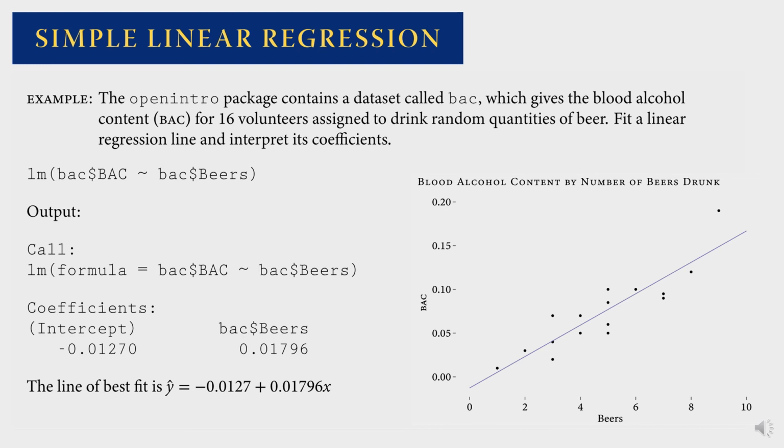The syntax is always y squiggle x. y is the response, which is BAC here. x is the explanatory variable. The number of beers explains the BAC. The output from R gives me the slope and y-intercept for the line. The line is y hat equals negative 0.0127 plus 0.01796x, and it's drawn to the right.